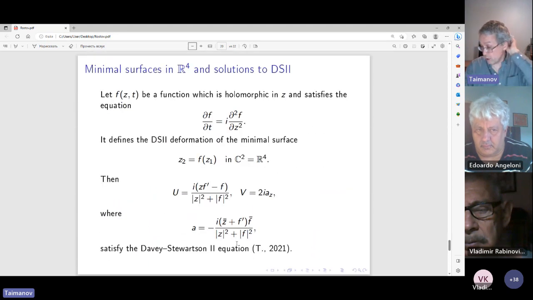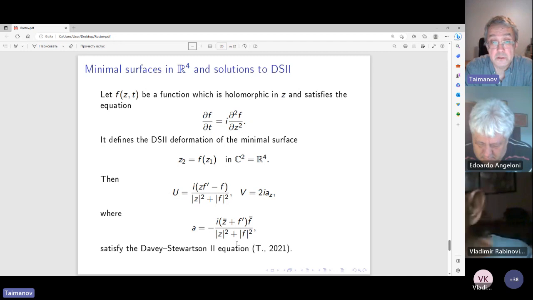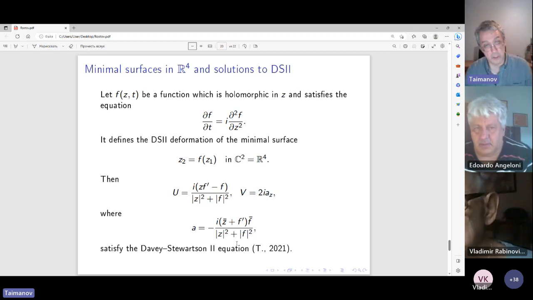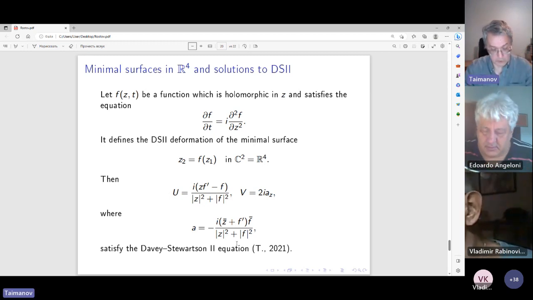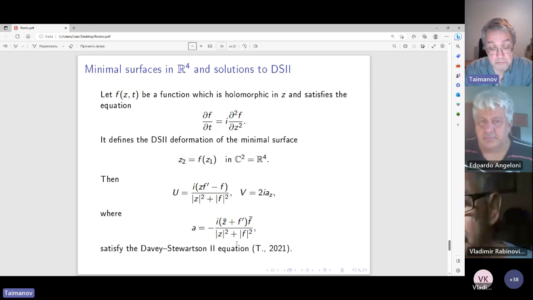And now let us try to apply it to some simple surfaces. The simplest case is to start with minimal surfaces. For minimal surfaces, the potential U equals 0. The Davey-Stewartson equation gives you a trivial stationary solution, U equals 0.